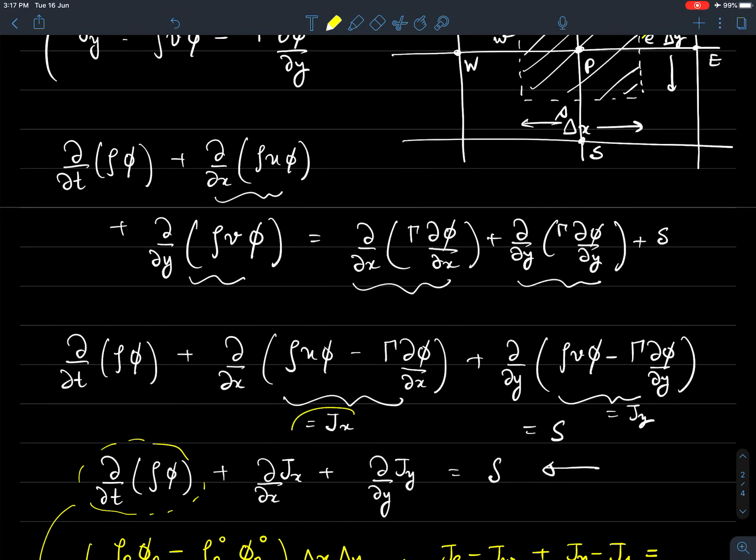So that should be this JX integrated over, when we do dx dy dt, three integrals. Time I'm not very concerned about, but when you do d by dx of JX, this will give you the integral of JX dy over E dt, and the integration will have to be south to north and t to t plus delta t.